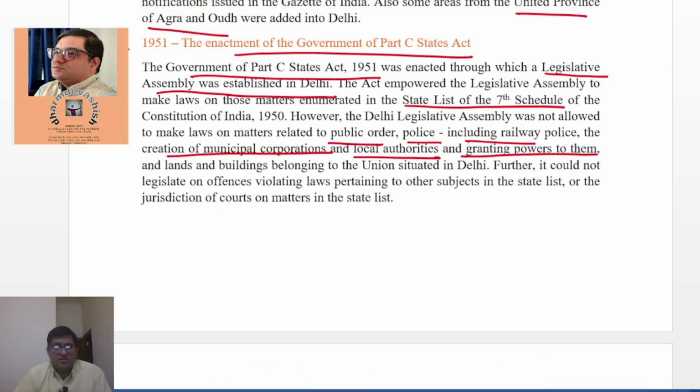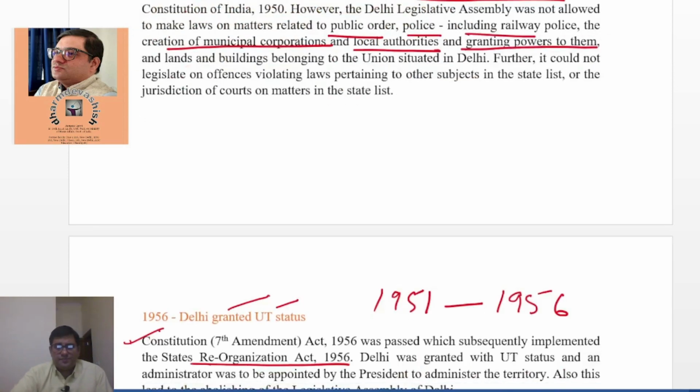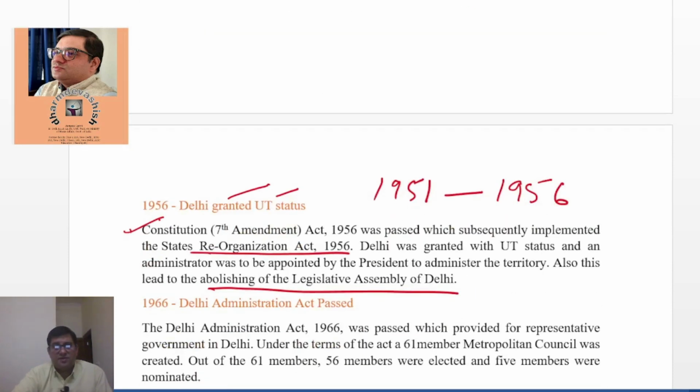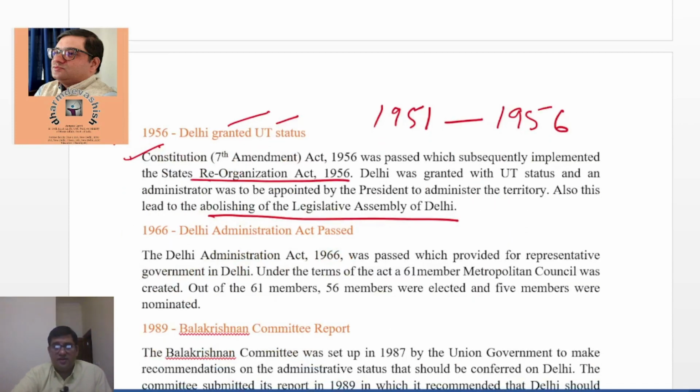For examination purposes, please take note of this fact that the Government of Part C States Act 1951 creates the Legislative Assembly, and in the year 1956, the Constitution 7th Amendment Act 1956 and the implementation of the State Reorganization Act 1956 grant union territory status to the area of Delhi and abolish the Legislative Assembly.